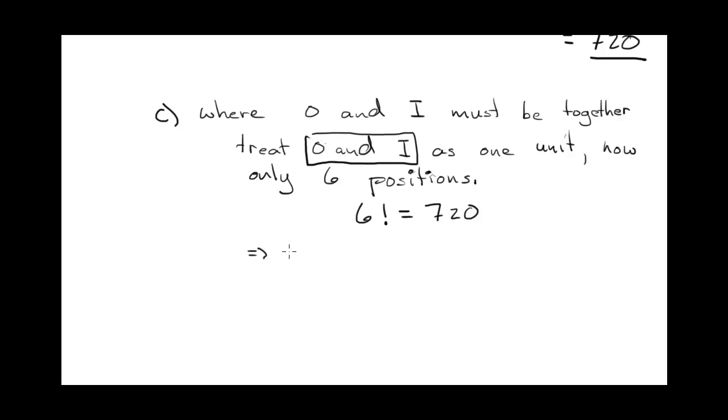But it could be OI or IO. So there's actually going to be twice as many as this 720. So it's really going to be 6 factorial times 2, which is equal to 1440. So we double this answer because for each OI there's now an IO.